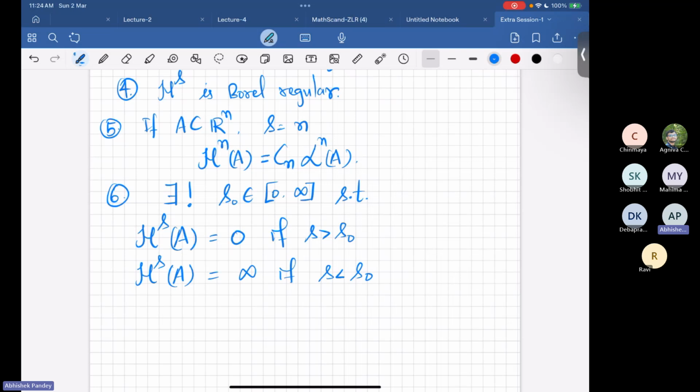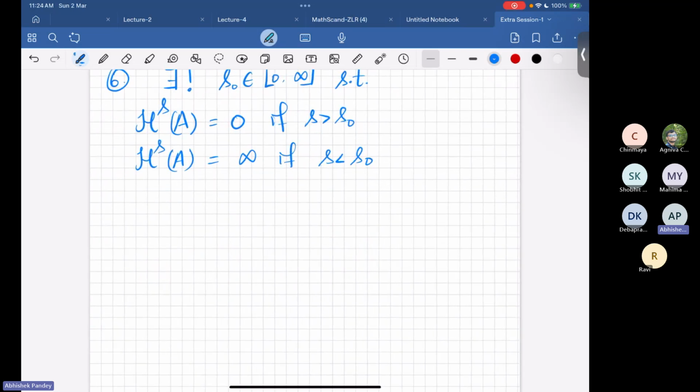So basically this is a kind of critical point of the s-dimensional Hausdorff measure.